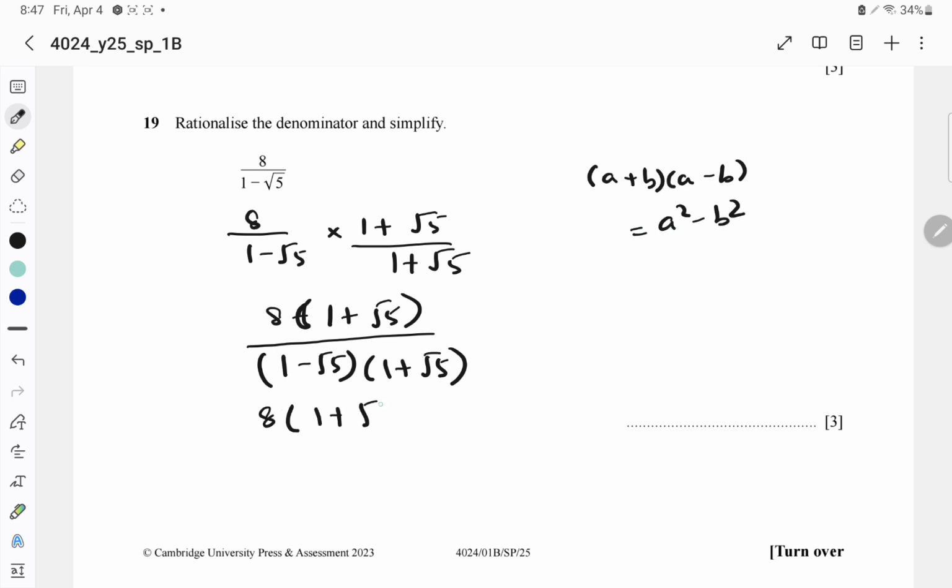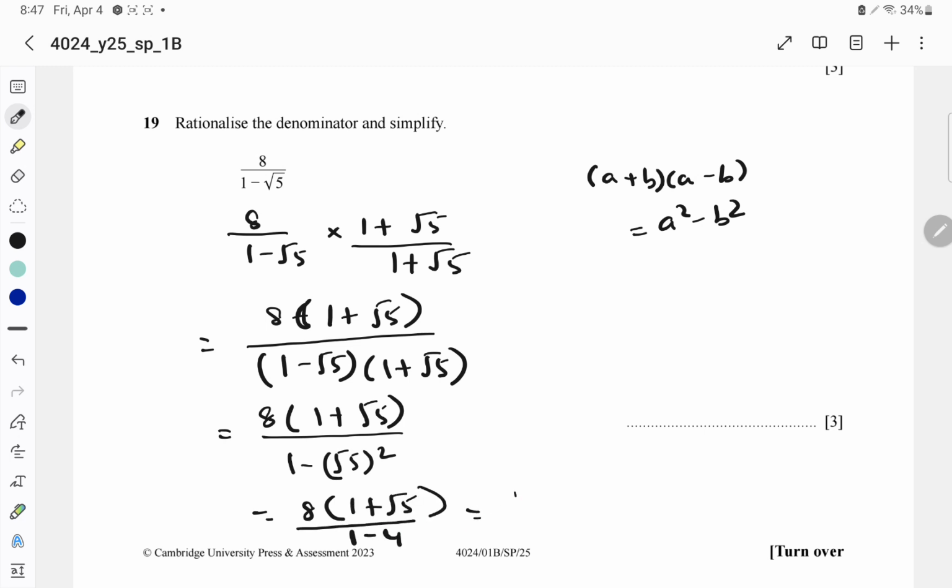So the denominator is 1 square minus square root 5 square.